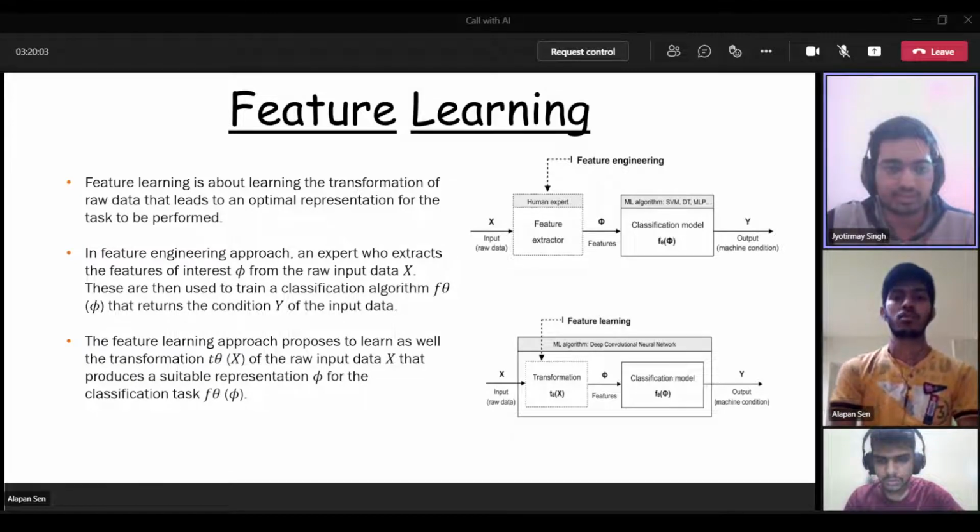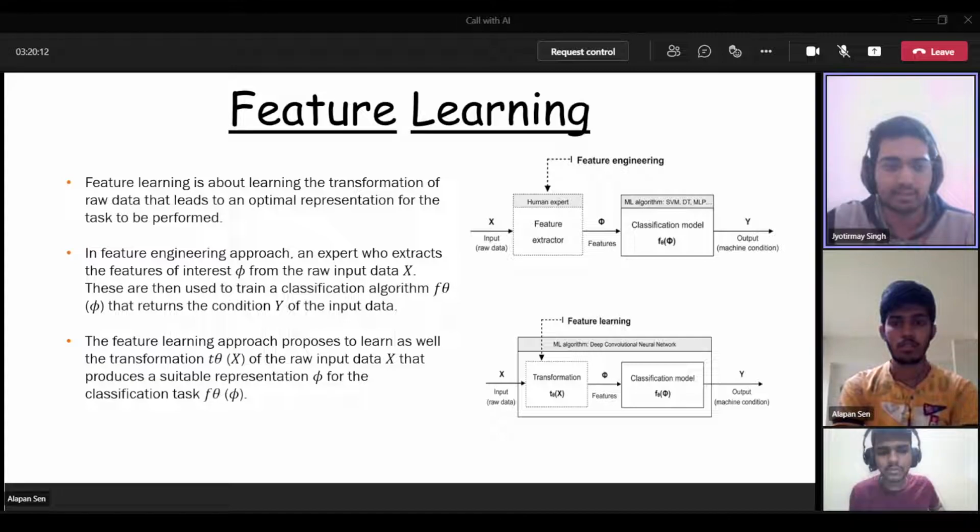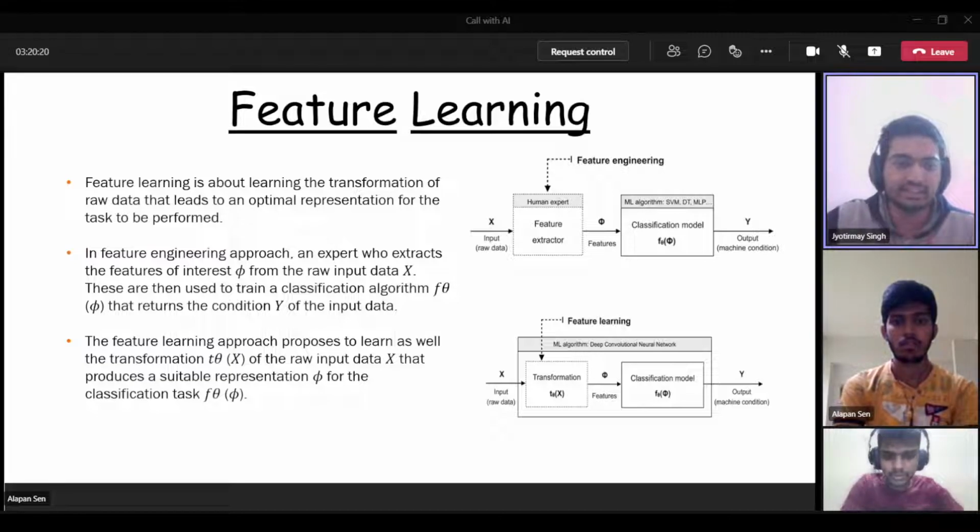In the feature engineering approach, an expert extracts the features of interest, let's say phi, from the raw input data x. These are then used to train a classification algorithm, let's say f theta, which depends on phi, that returns the condition y of the input data. You can see this in the first figure on the right side.